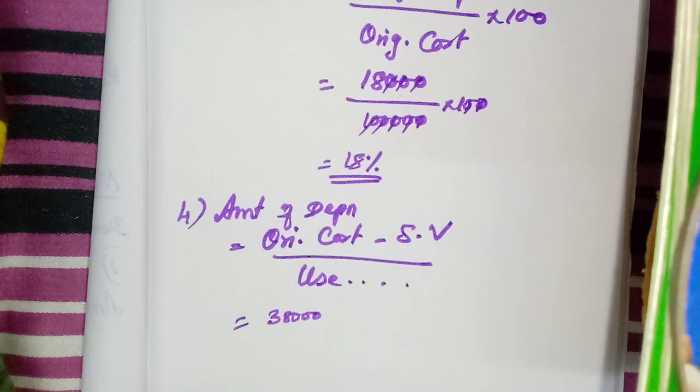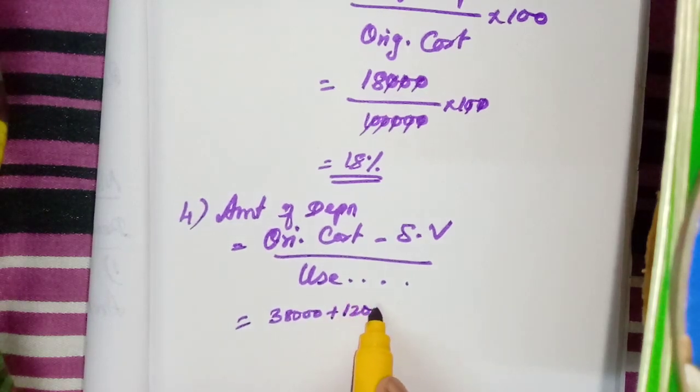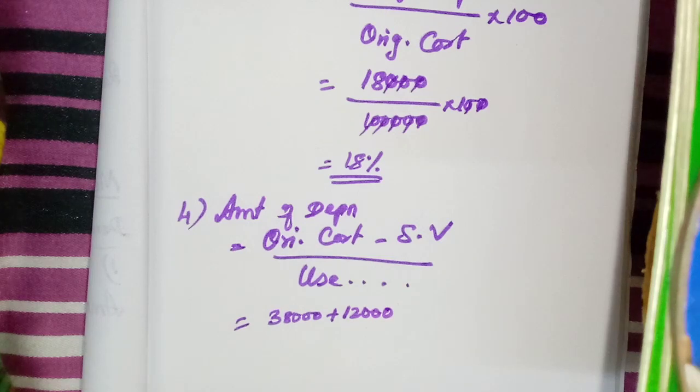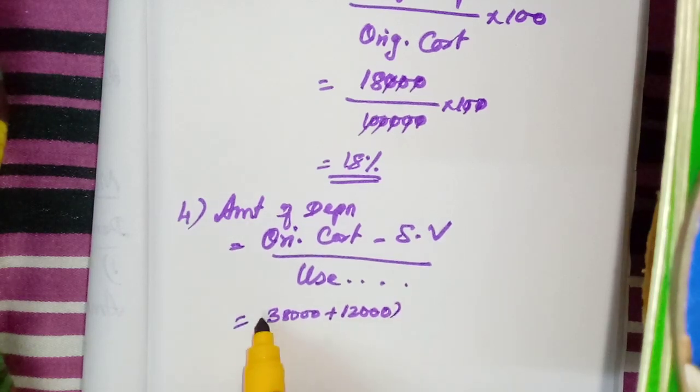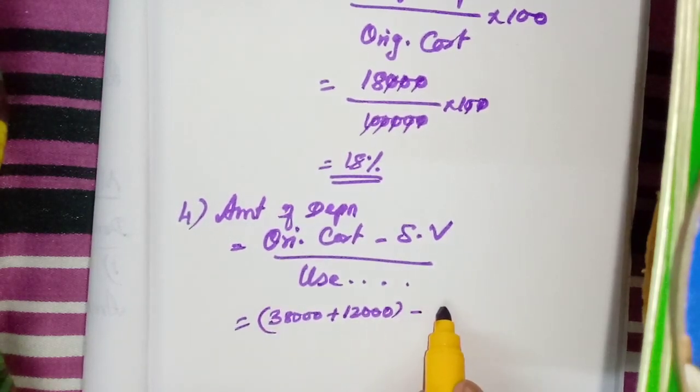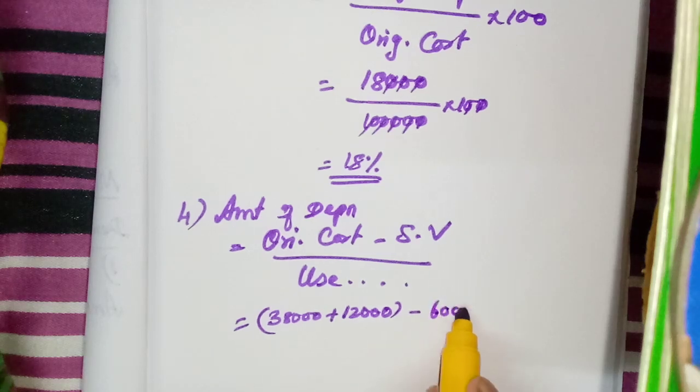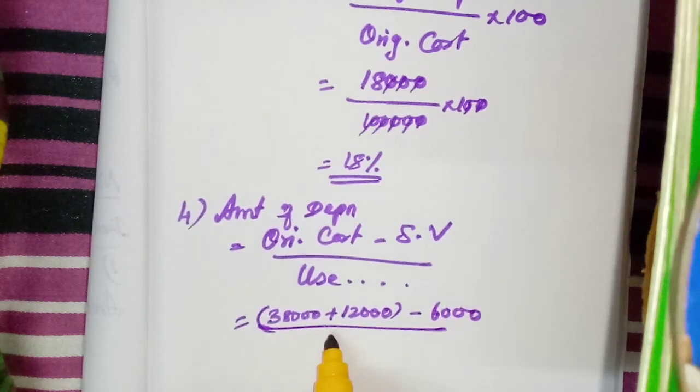Original cost: purchased a second hand machinery on 1/1/2018 for 38,000. Then on 1/1/2018 spent 12,000 on its repairs. If we purchase second hand machinery and do repairs, that should be added along with the original cost. Now original cost minus scrap value 6,000 divided by useful life 4 years.